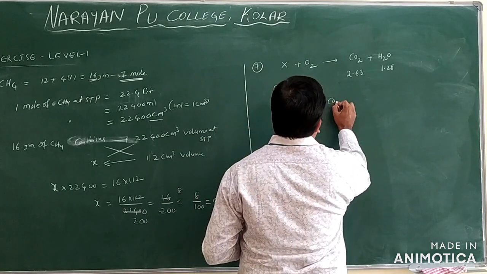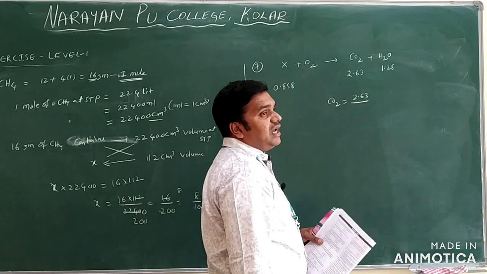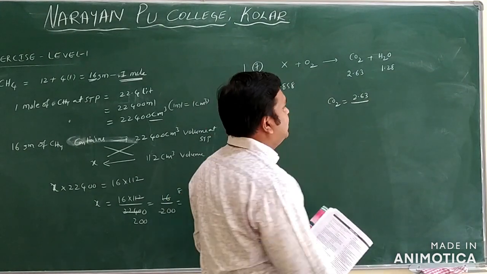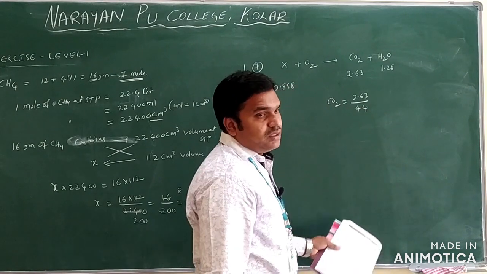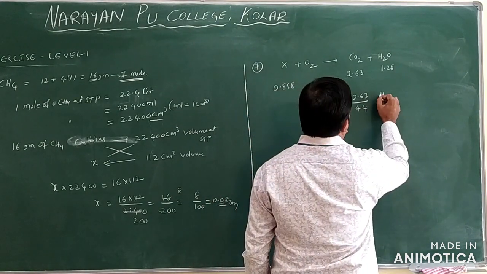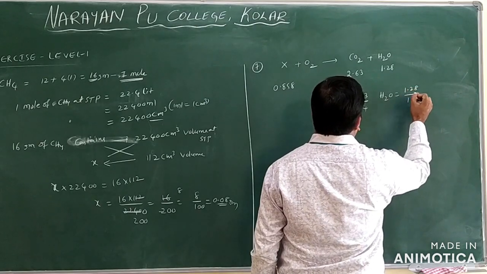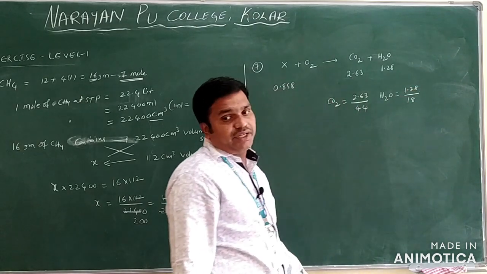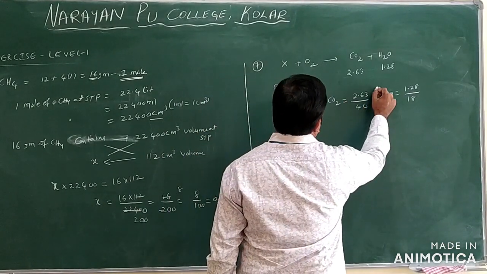If you want to take CO2, how can you write it? This is 2.63 by the molecular mass of carbon dioxide, which is 44 only. Next, for H2O, you will take 1.28 by 18. So these are the number of moles of CO2 and of H2O.